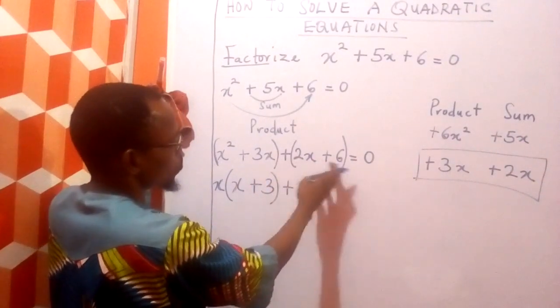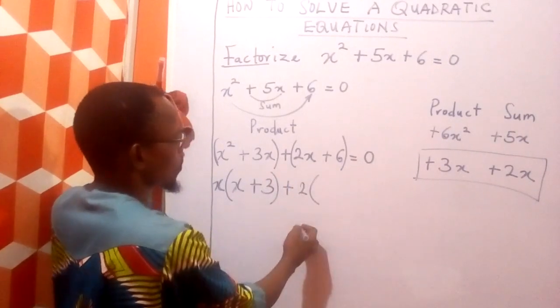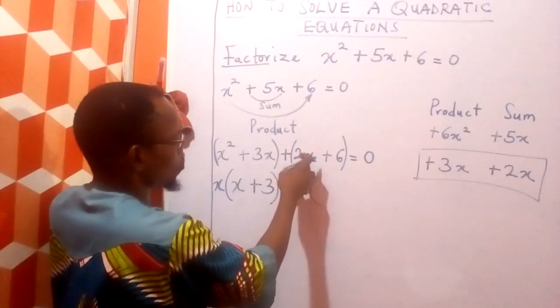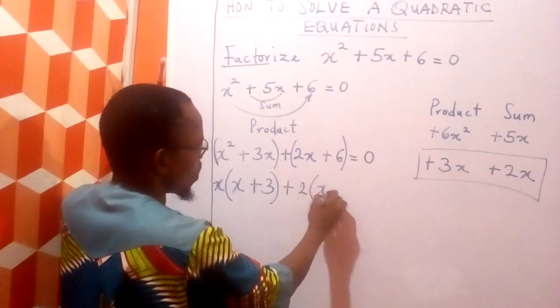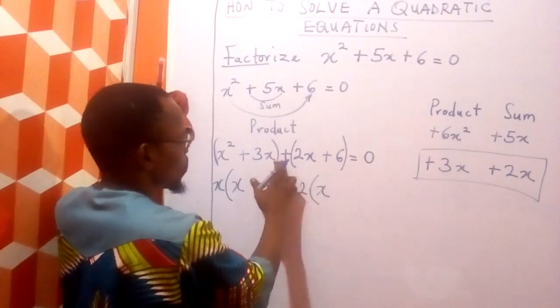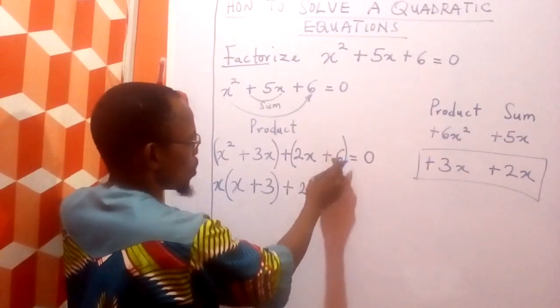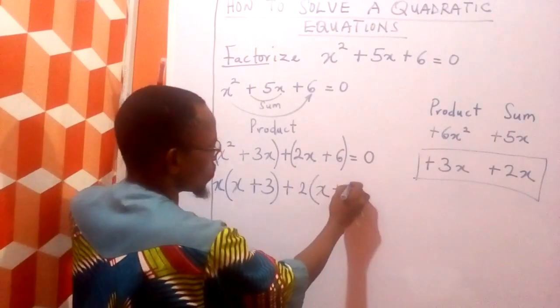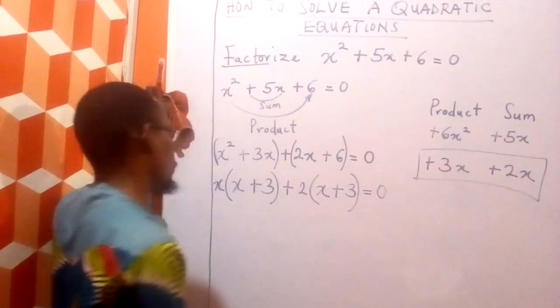If you look at it, 2 is common. Open a bracket. If you do a division, 2 divided by this, you'll be left with x. Then plus times plus times plus will give us plus. So here, divide it, you'll be having 3. So equal to 0.